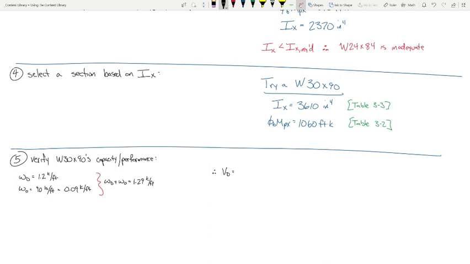So VD ends up being (wD plus w naught) L over 2, which now is 22.58 kips, and MD is (wD plus w naught) L squared over 8, and this ends up being 197.53 foot kips.